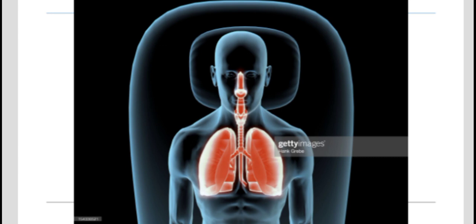Now, here the entire procedure starts. When we inhale, when we breathe in, we get the maximum amount of air into our lungs through the respiratory passage.